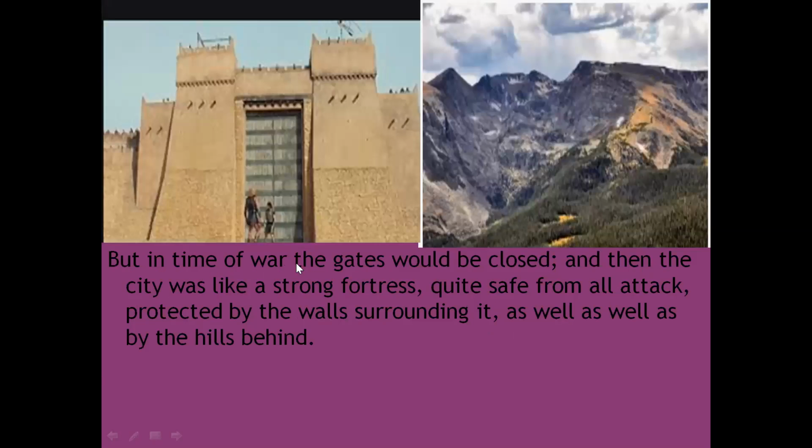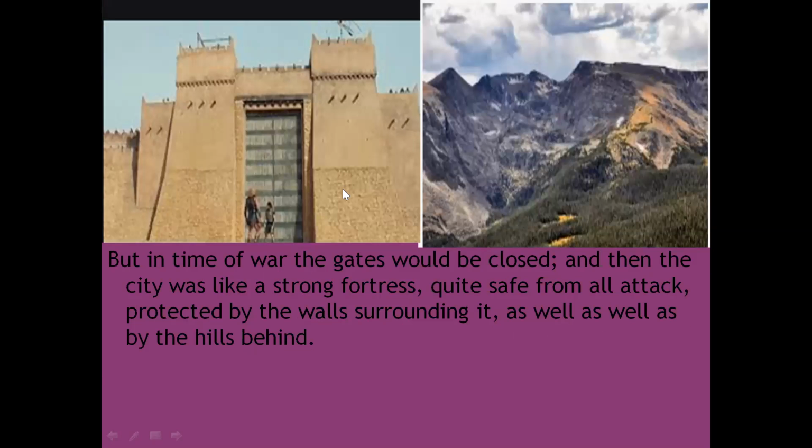But in time of war, the gates would be closed, and then the city was like a strong fortress, quite safe from all attack, protected by the walls surrounding it as well as by the hills behind.